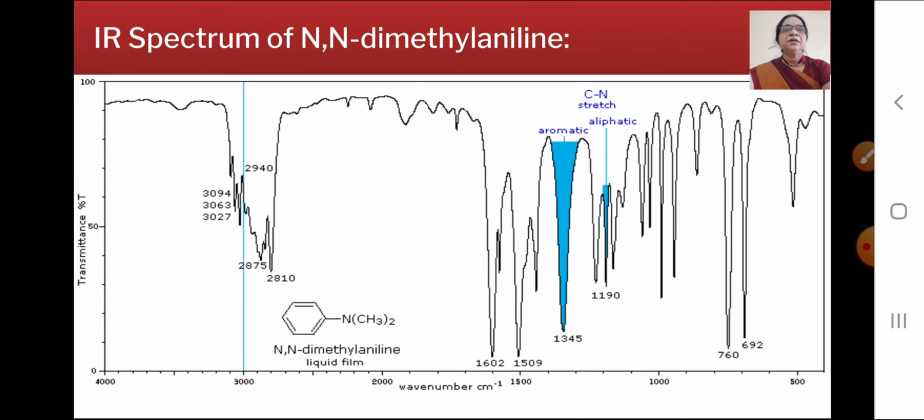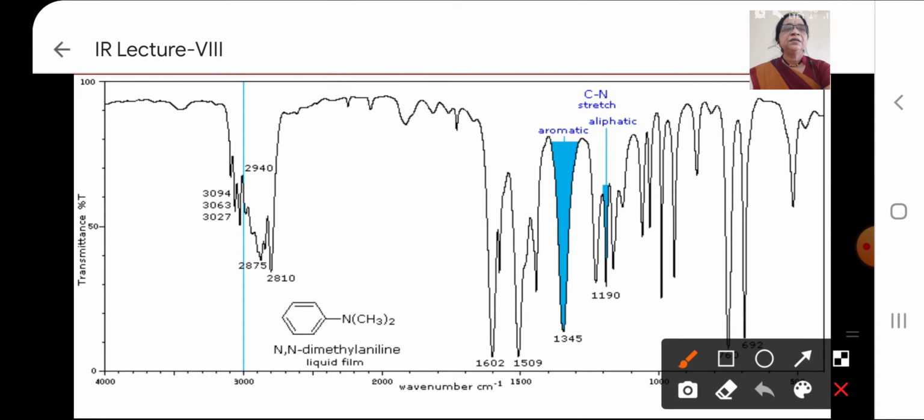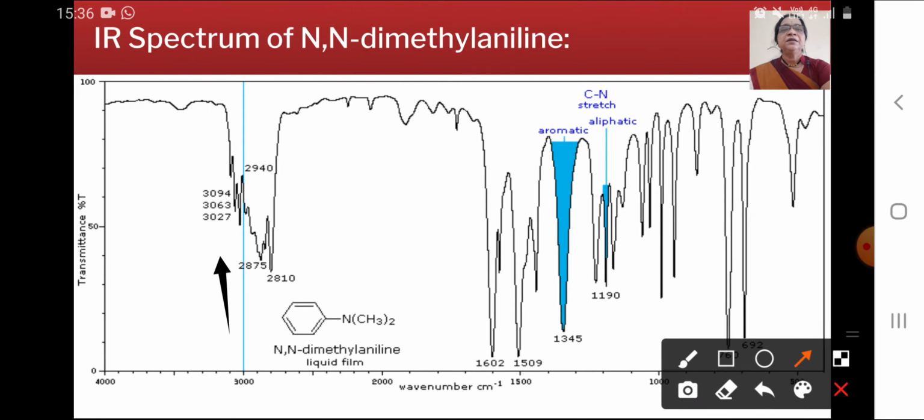Here it shows only the CH stretching due to the aromatic ring as well as the CH3 group, and the aliphatic CN stretching shows at 1190 per centimeter.